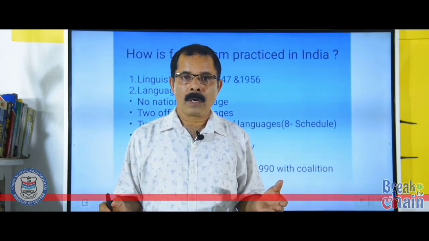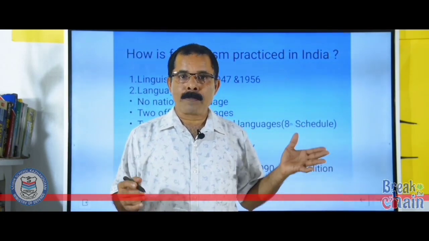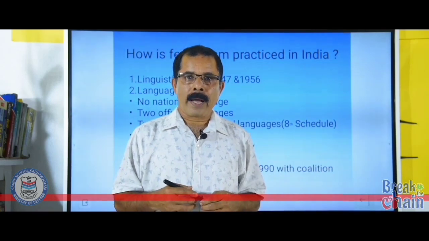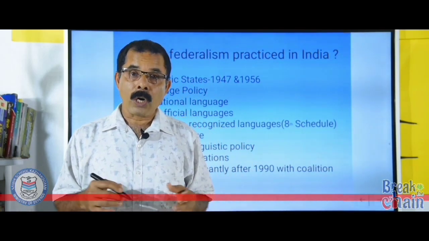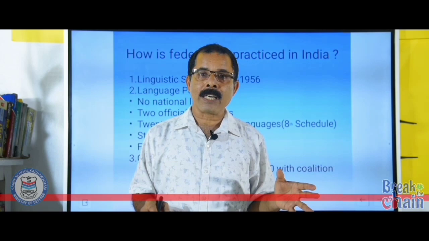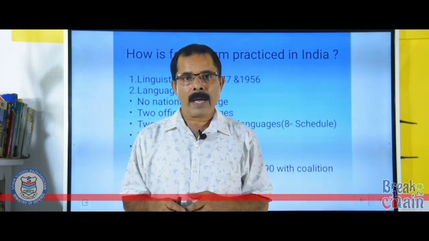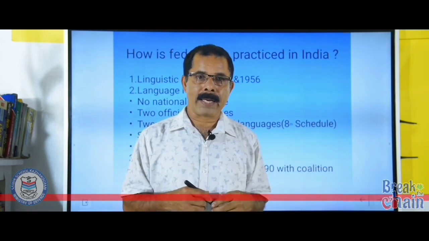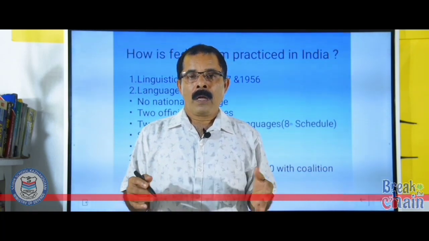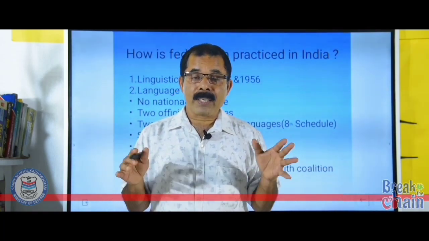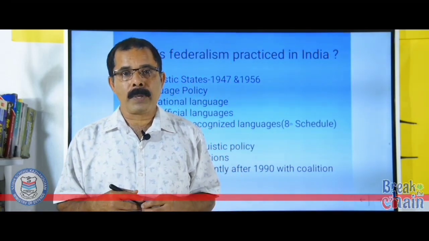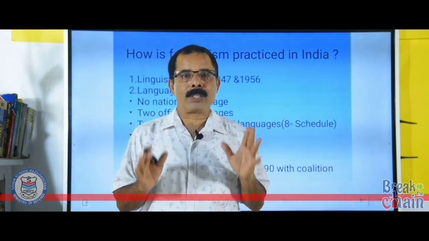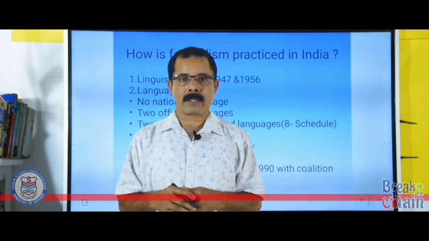For example, the Congress was in power for a long time, and wherever there was a non-Congress government, there was a certain amount of interference, and that is the case with all the political parties which come to power in Delhi. That's why after 1990 there has been a very visible change in the center-state relations.